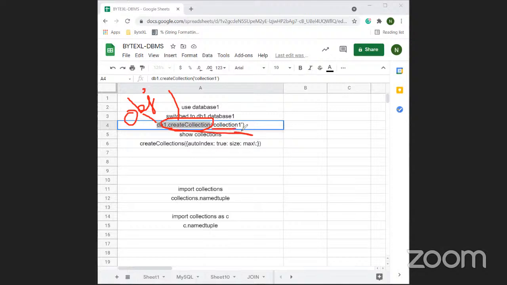The name of the collection is, I am taking collection1. Coming back to collections, as I have already told you, in DBMS or RDBMS, we have tables or records, that is rows and columns.